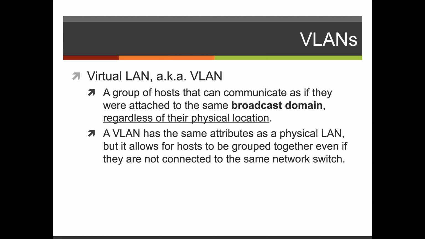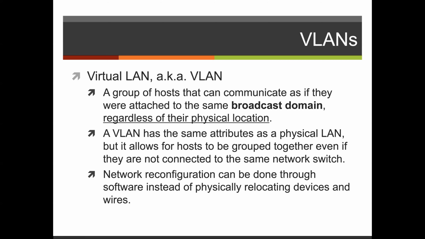You want to keep in mind that a VLAN has the same attributes as a physical local area network, but it allows for hosts to be grouped together even if they are not connected to the same network switch. Network reconfiguration can be done through software instead of physically relocating devices and wires, which is why we call it a virtual local area network.